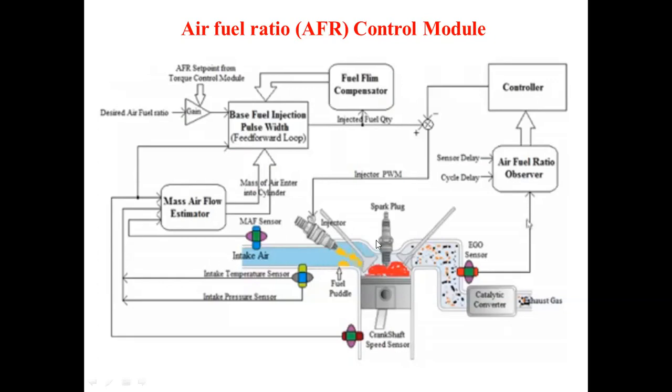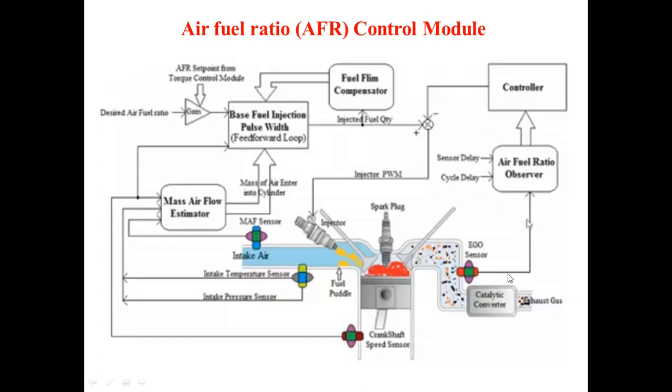So to control this air fuel mixture, what are the different components you are utilizing? First you need to know what type of exhaust you are getting. So to get this, you are fitting here an exhaust gas oxygen sensor before the catalytic converter.